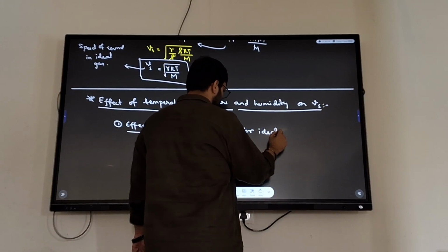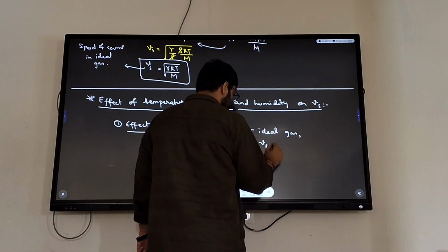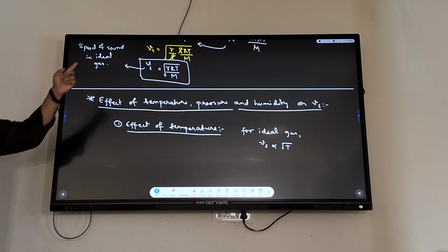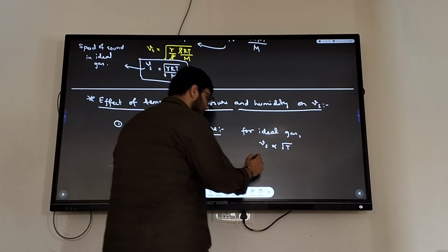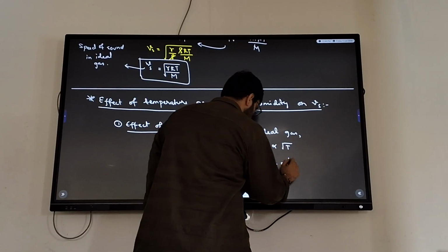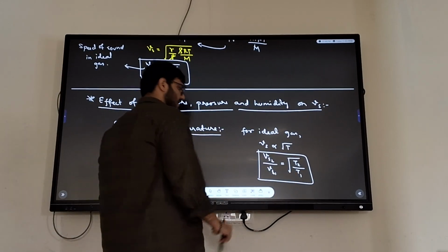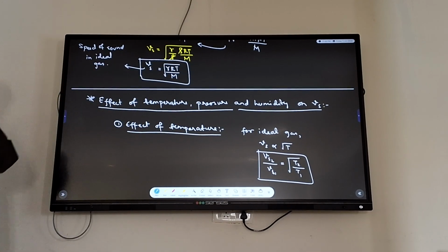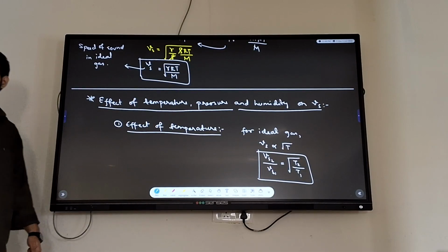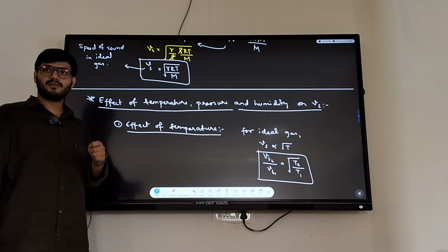For an ideal gas, what is the relation between Vs and T? This Vs is proportional to root T, right? From this? Yes? Then what can we write? Vs2 by Vs1 is root T2 by T1, right? Now, we are comparing two values of the speed of sound. We can compare them, but it's much better if we get an absolute value. And how to do that?